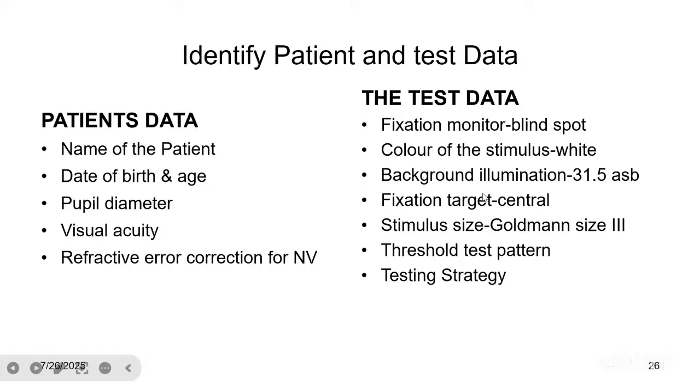Okay, so for the test data, we have the fixation monitor, where we have the blind spots. This area shows you how well the patient has been fixating. For you to have an effective visual field test result, the patient must continually fixate on the target and not miss the fixation point.